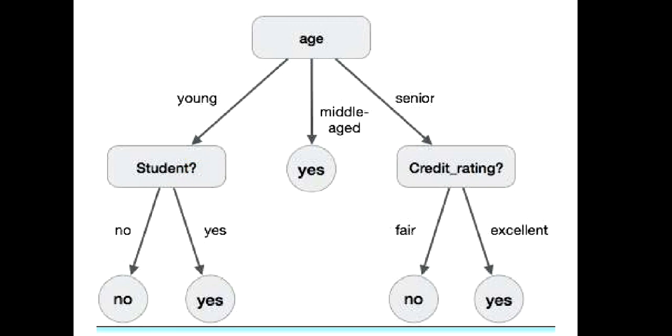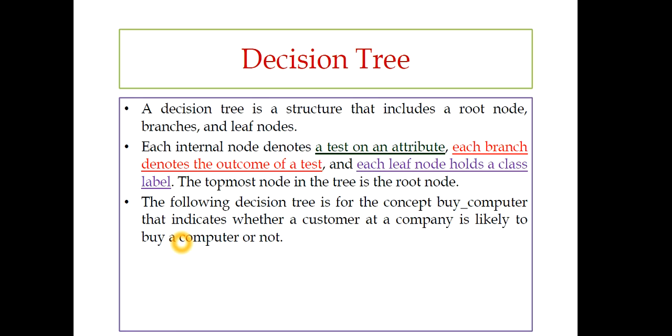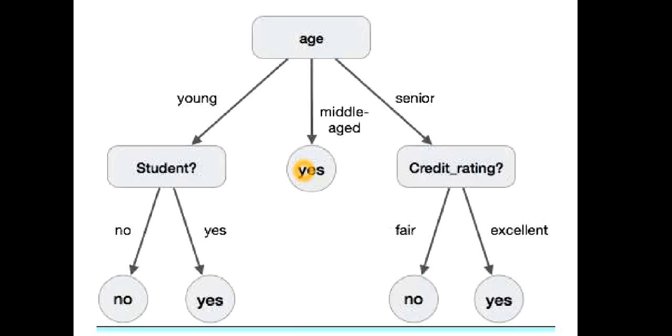And the branch is the outcome of the test. So that is the outcome through these edges or branches, no or yes. And lastly, we have the leaf nodes as no or yes as their class labels. So that's an example from one side.